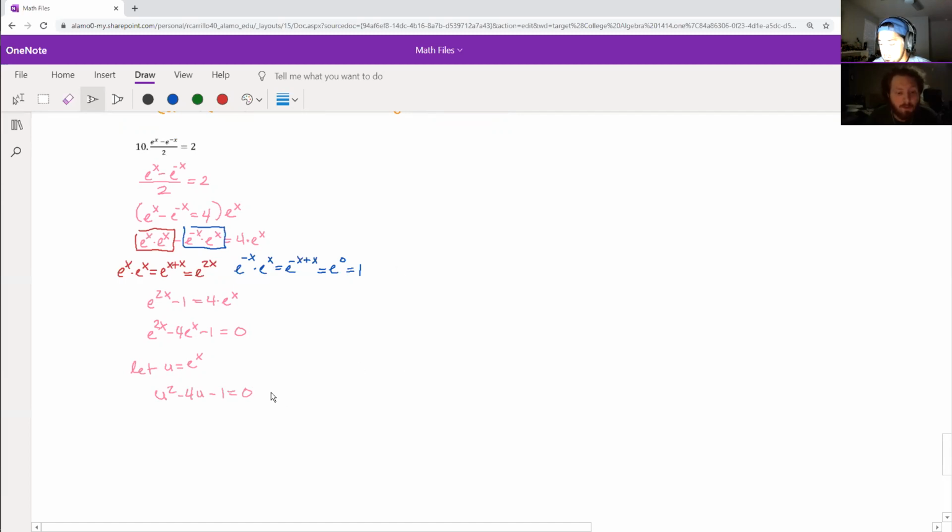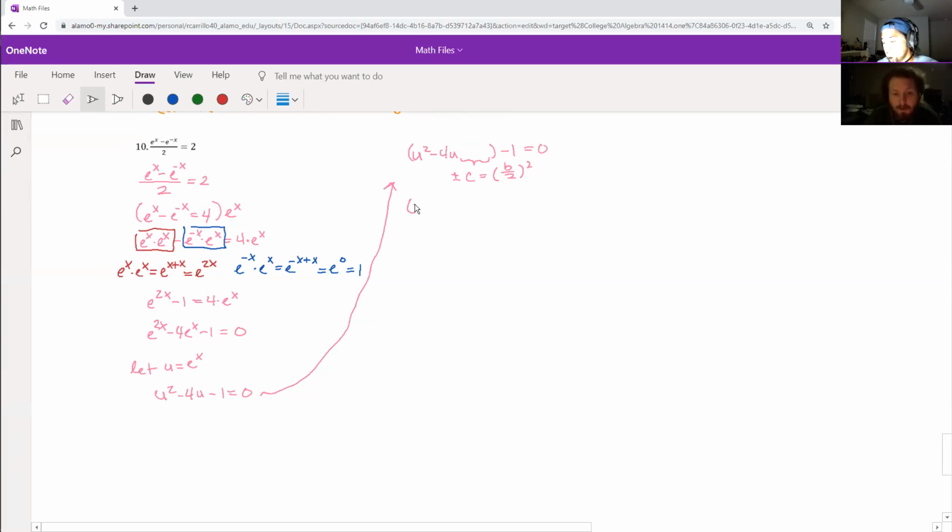Gross. I'm going to move my work up here, though. Okay. So we get u squared minus 4u minus 1 equals 0. All right. So right here, we'll go plus and minus our c term, which is equal to b divided by 2 squared, right?